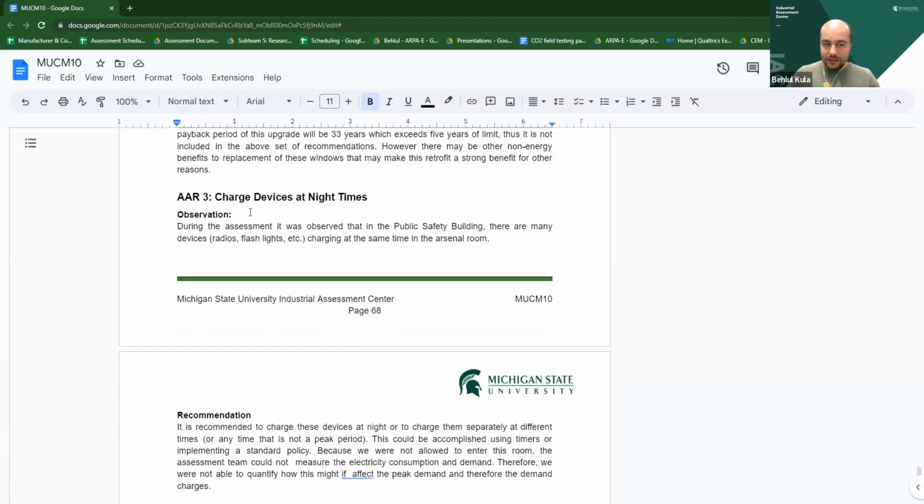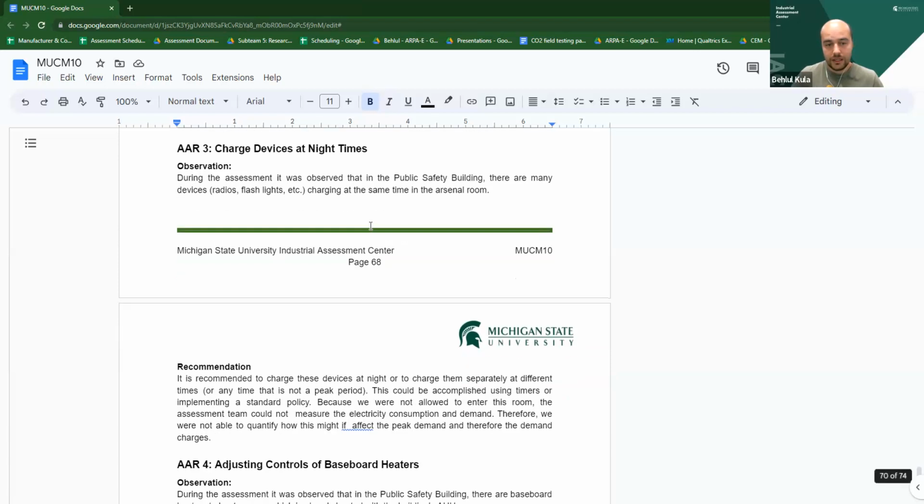And also the other thing, charging devices at night times, mostly in the public safety building, because there's an arsenal room which has all the radios, flashlights, and other equipment that the police use. We couldn't get information about how much electricity it's using while charging, or information on the equipment.